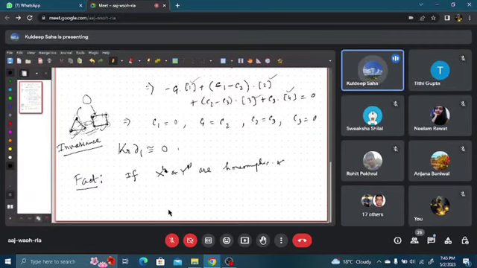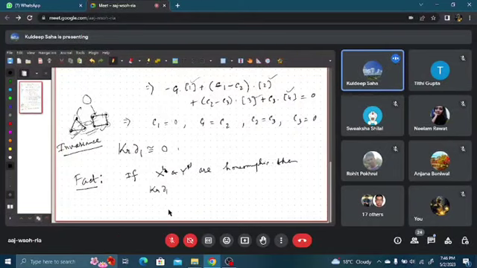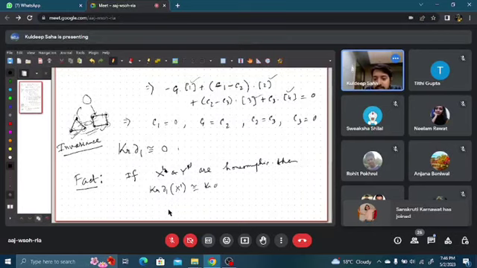This will denote their dimension. If these two are homeomorphic, then the kernel of delta 1 for X1 is isomorphic to the kernel of delta 1 for Y1, right? This you can prove easily.